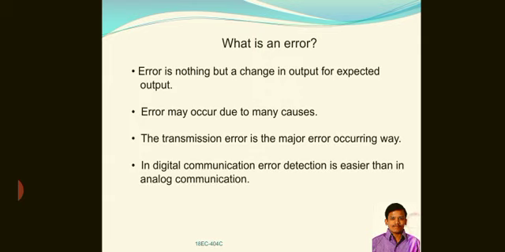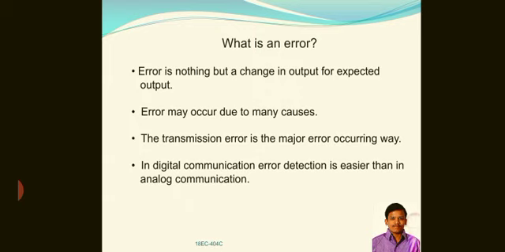In digital communication, error detection is very simple compared to analog communication. In analog communication also, noise will be added or distortion will be present in the transmitted data; there we call it noise.